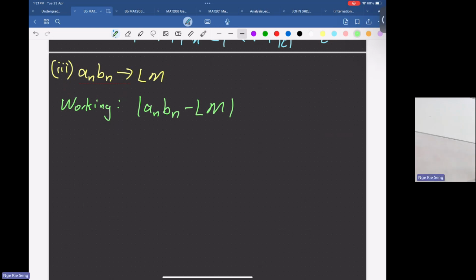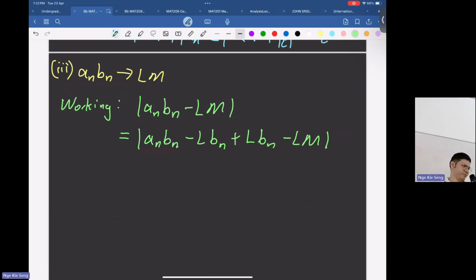Minus b and l. So introduce an l bn. Okay, so we introduce an l bn here, maybe minus l bn plus l bn like this. This is one of the ways. So what is Jack trying to do here?